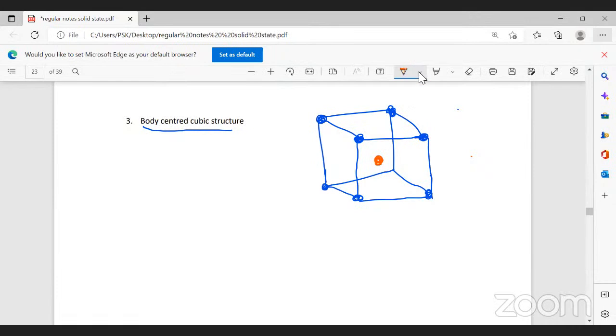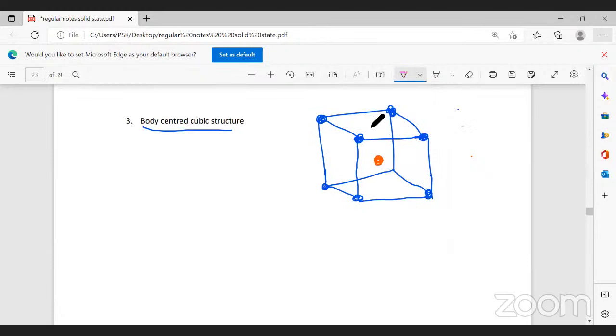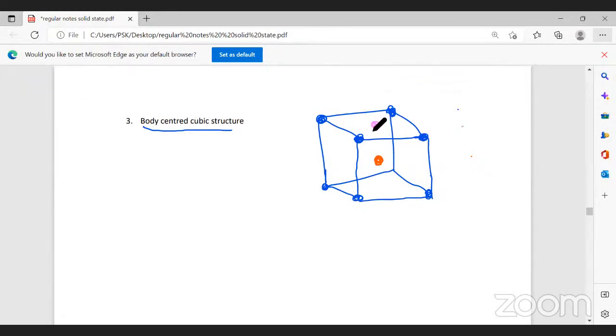And I'm also representing one more for our representation. I'm representing a face-centered atom also, like this here. Face-centered atom.